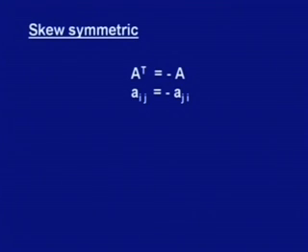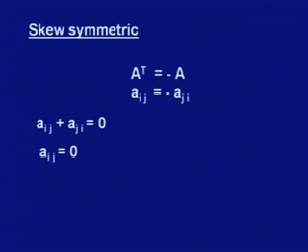So, this is the typical property of symmetric matrices. In skew symmetric matrices, we define A transpose as minus A. That is, the ijth element of A is the same as negative of a_ji. If I simplify, then a_ij plus a_ji is 0. So, in a skew symmetric matrix, a_ij plus a_ji is 0 and a_ij is equal to minus a_ji.